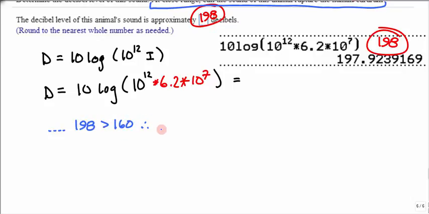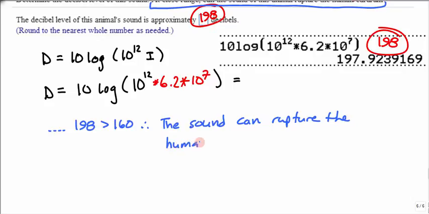Therefore, the sound can rupture the human eardrum. So we have to be careful when we're comparing those values. Again, you compare them to 160 and go from there.